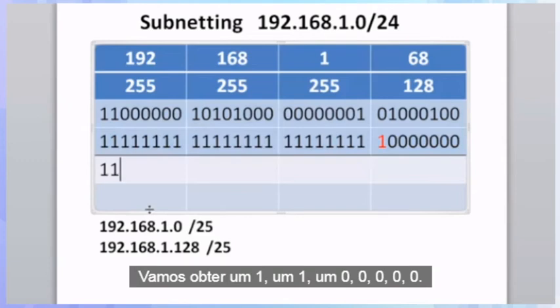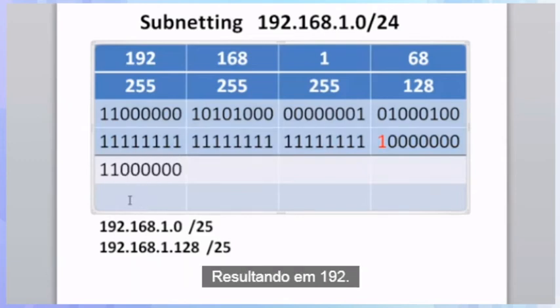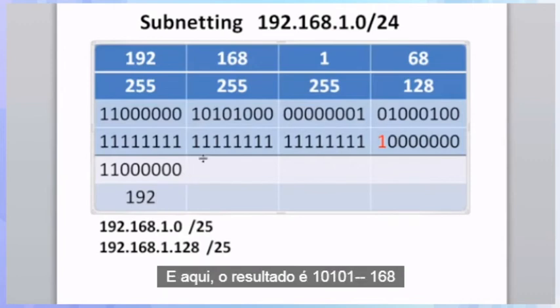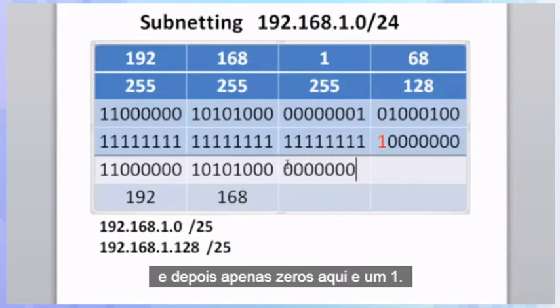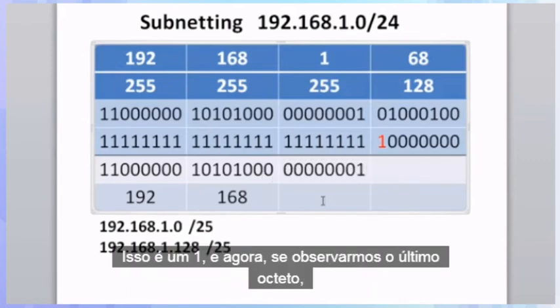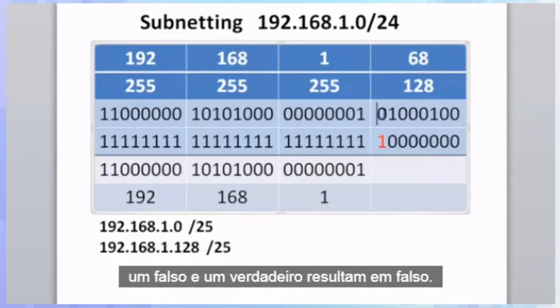We'll get a 1, 0, 0, 0, 0, 0. So that's 192. And then the result here is 168. And then all zeros here and a 1. This is a 1. Now, if we look at this last octet, a false and a true makes a false.